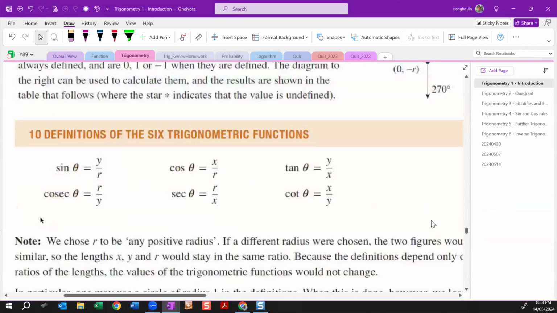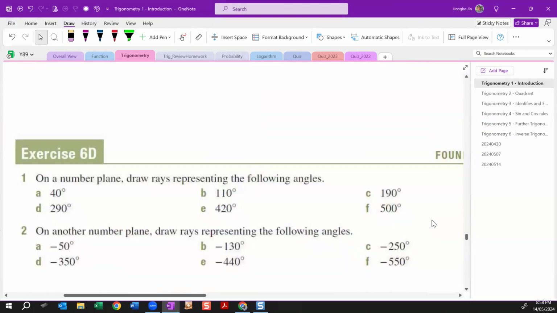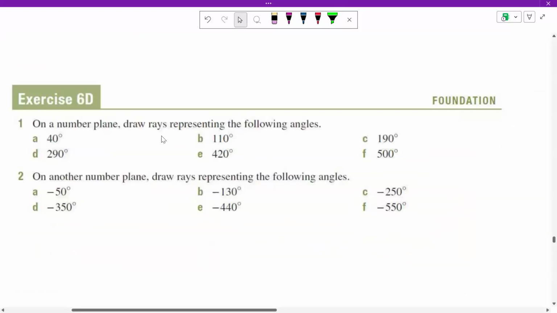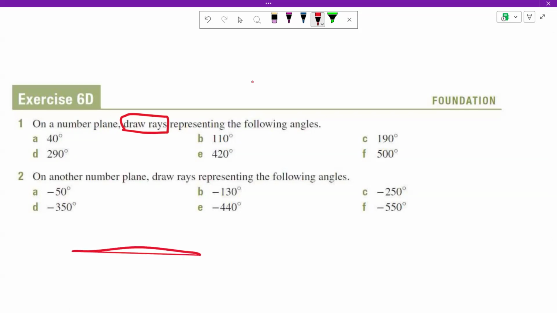You should expect that you're not able to solve all the questions yet, but you have the ability to draw a ray and then do the conversion. Drawing a ray means you draw it and then try to convert where it is, particularly with negatives. So in your head, you should quickly draw. I'll give you an example. If I say draw negative 440, how do you draw that?